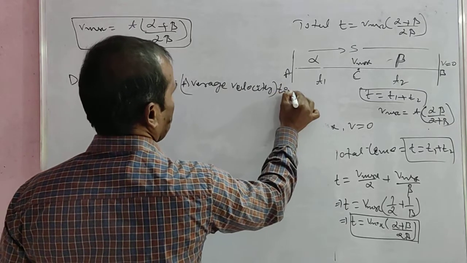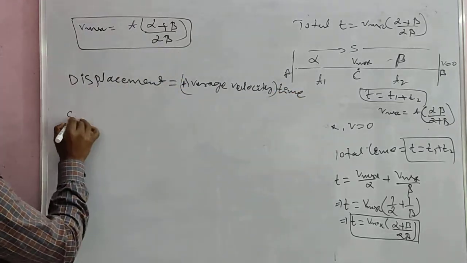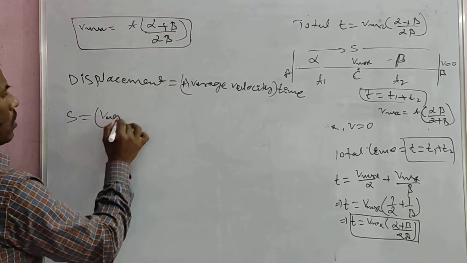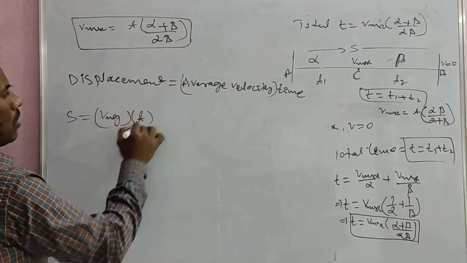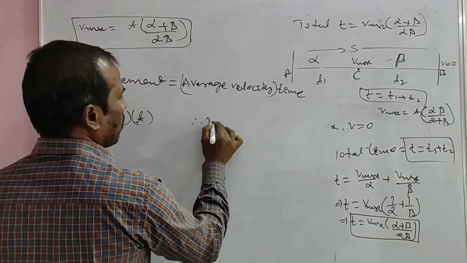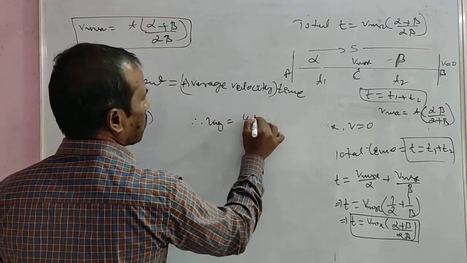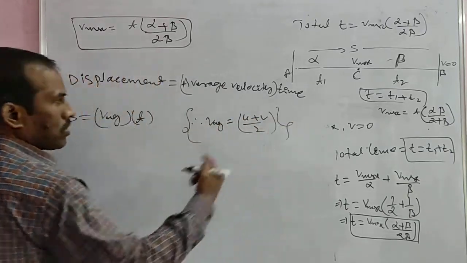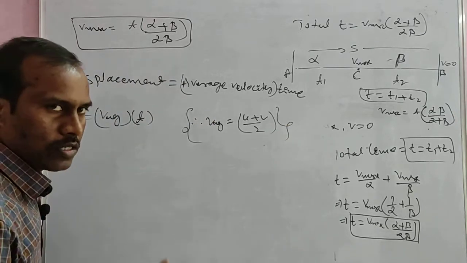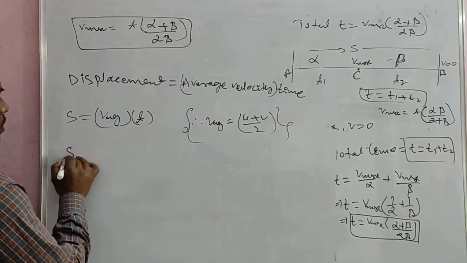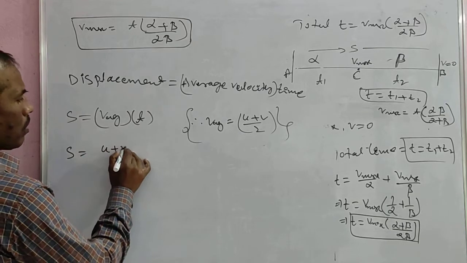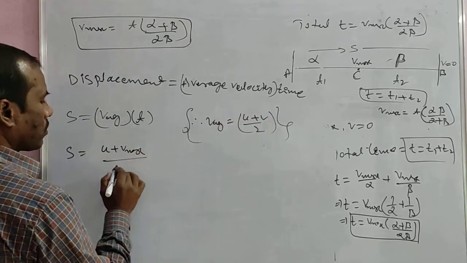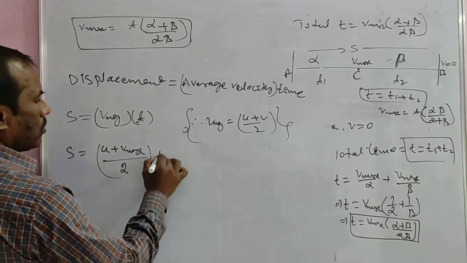Average velocity is equal to U plus V by 2, the initial velocity plus the final velocity by 2, which is U plus maximum velocity by 2, into T.